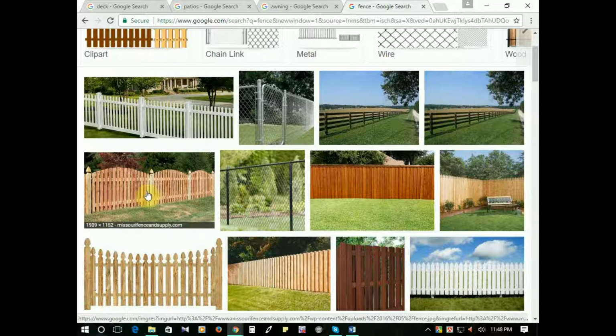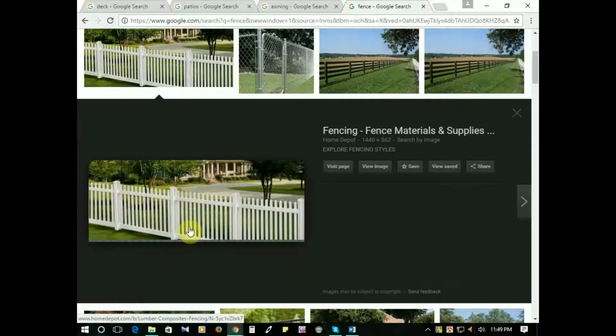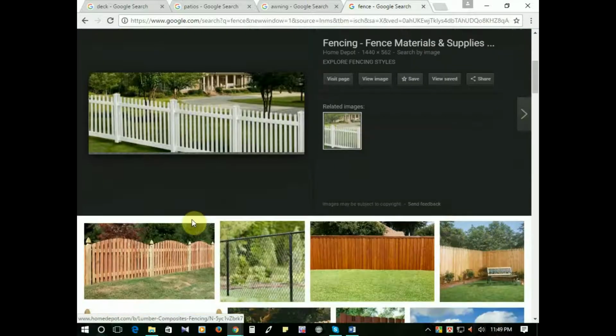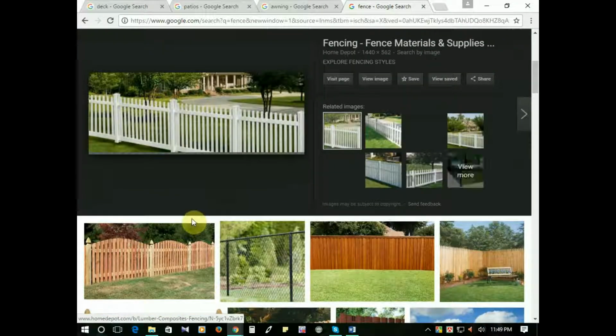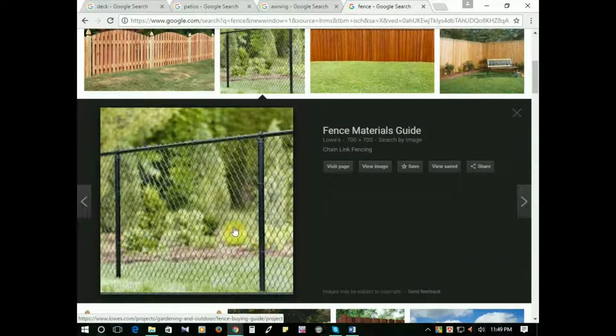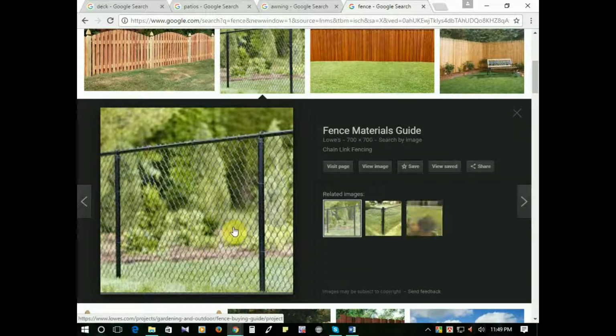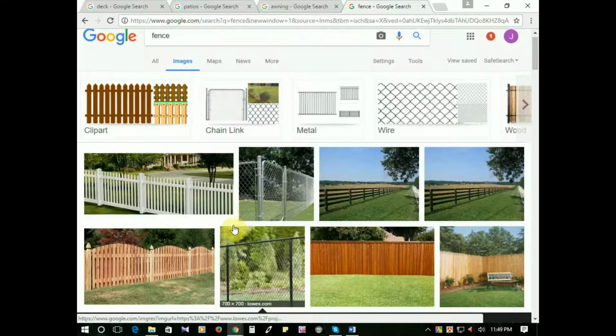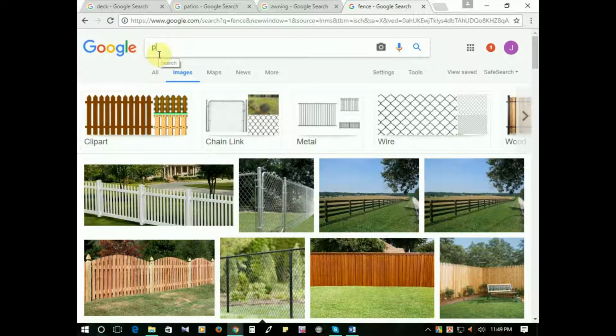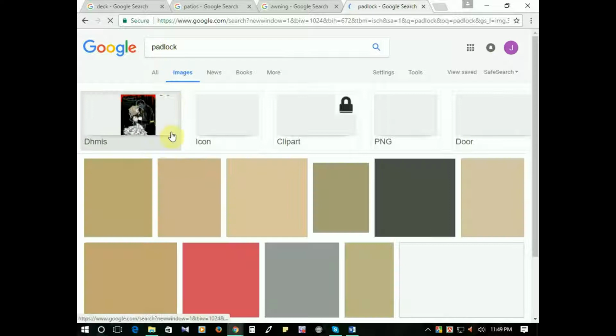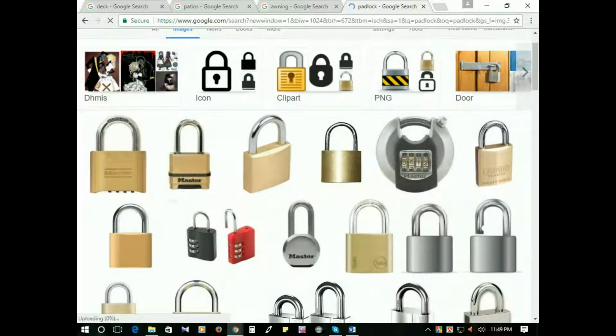So if you see how my mouse is pointing, they can either be of wood, they can also be of vinyl. Vinyl is again a plastic polyester, and they can also be made of chain link. And this is what a padlock is.